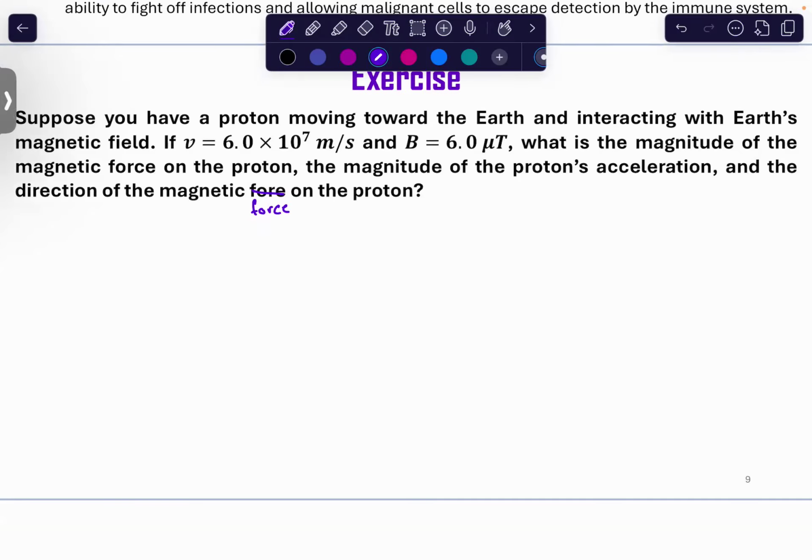So let's see. Well, let's think of it this way. This is going to look a little odd, but try to picture this.